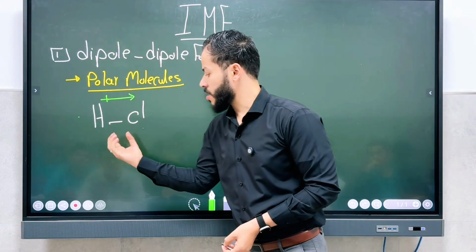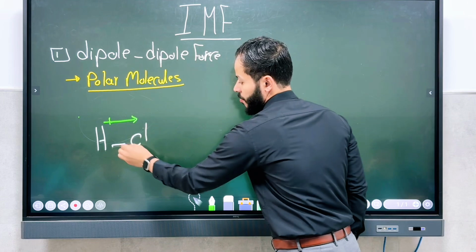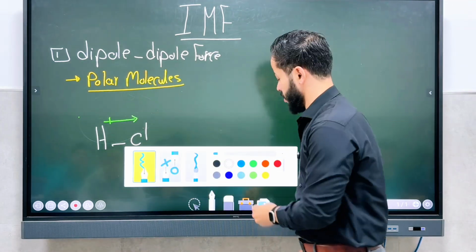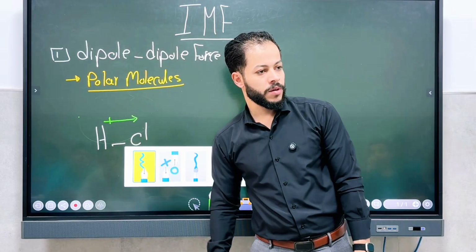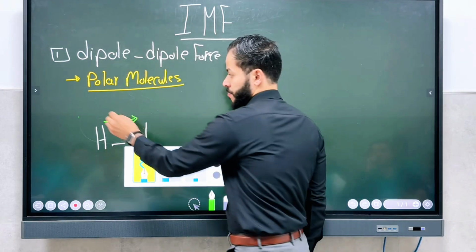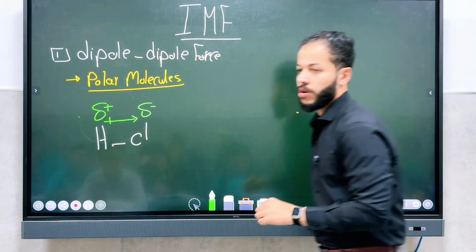This makes hydrochloric acid a polar compound by forming what type of charge upon the atoms? Above the hydrogen we put partial what?